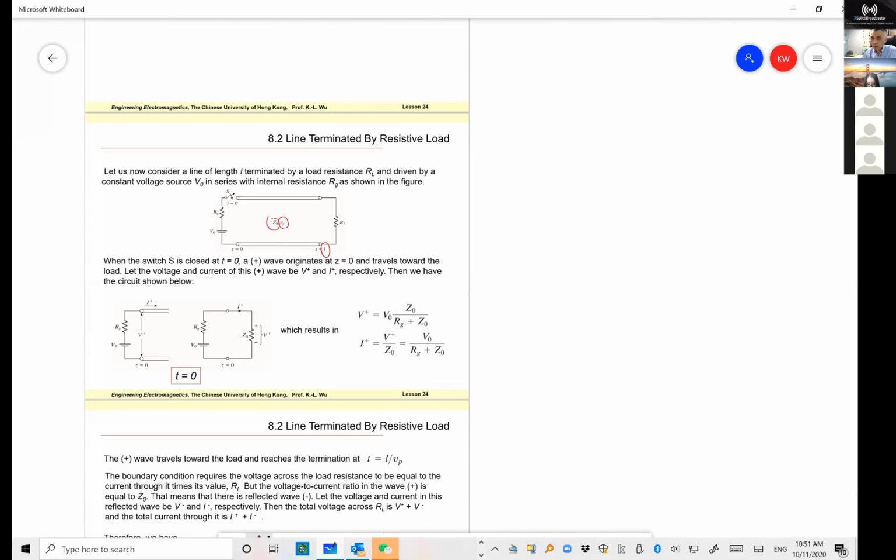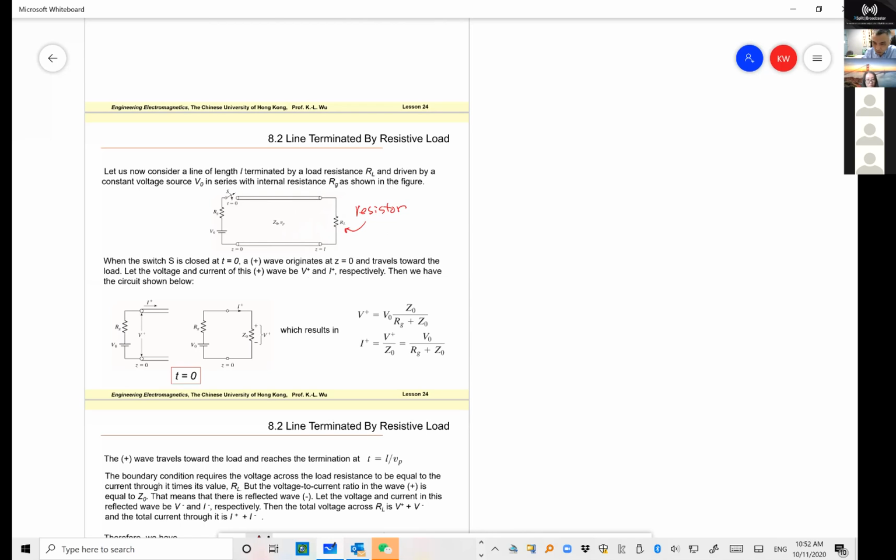Now the situation is this. I have a load, a resistive load. So this is a resistor. Very simple load, a resistor.